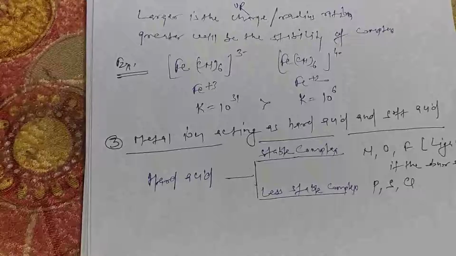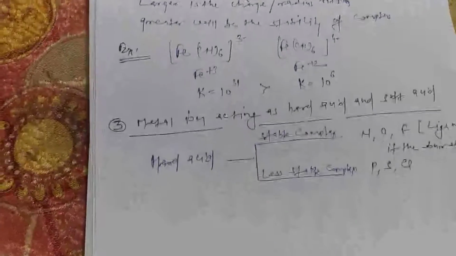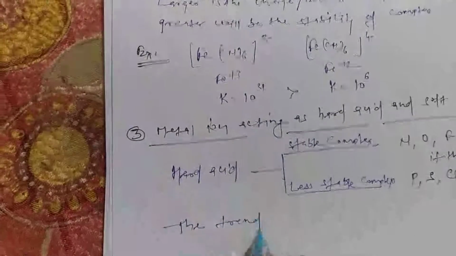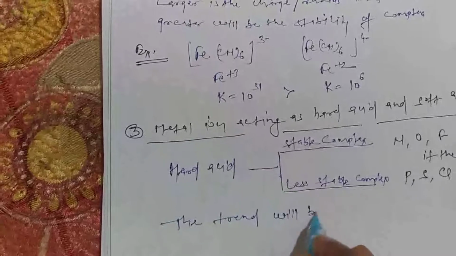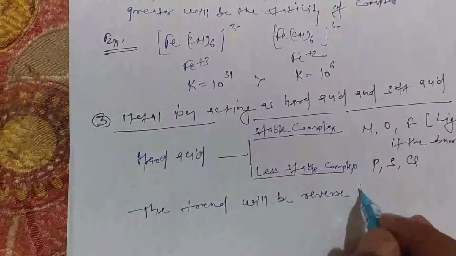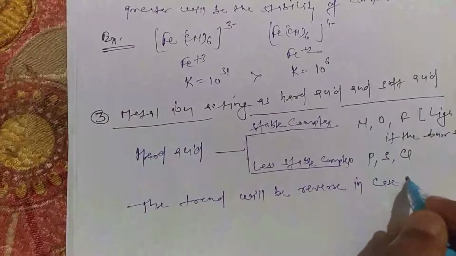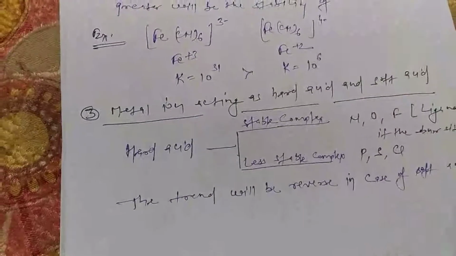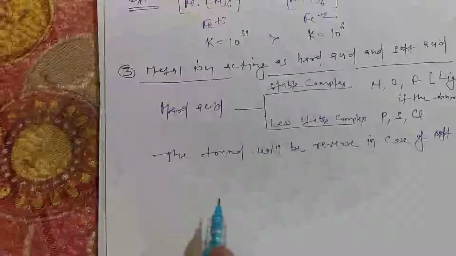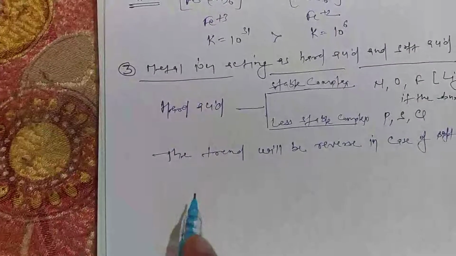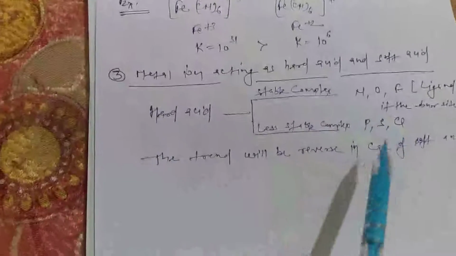And this trend will be reversed in case of a soft acid. So now for the soft acid, what will happen? For a soft acid, the stable complex will form with ligands which have donor sites phosphorus, sulfur, and chlorine.